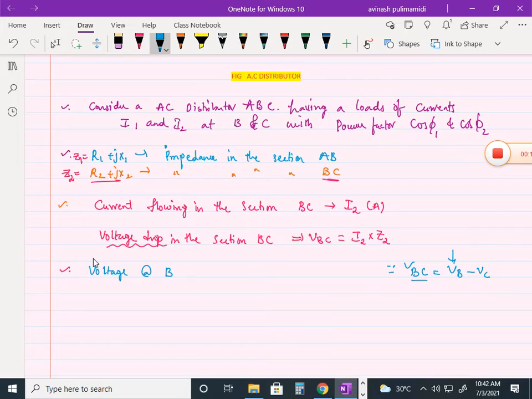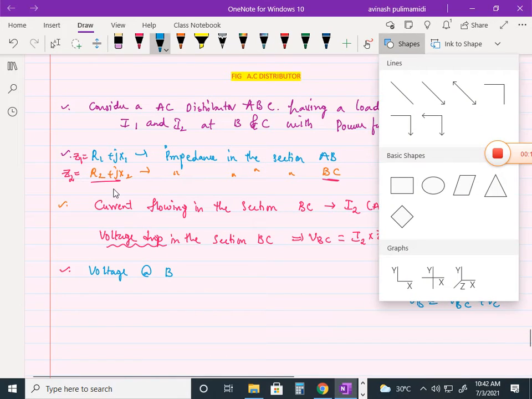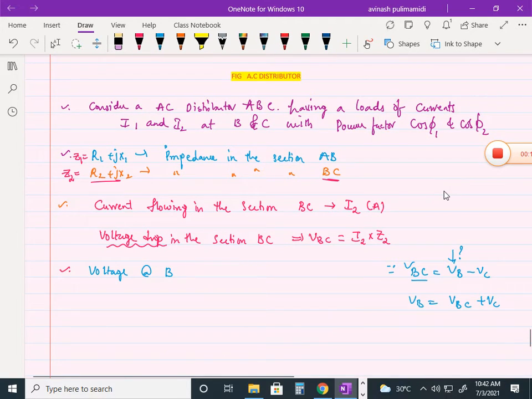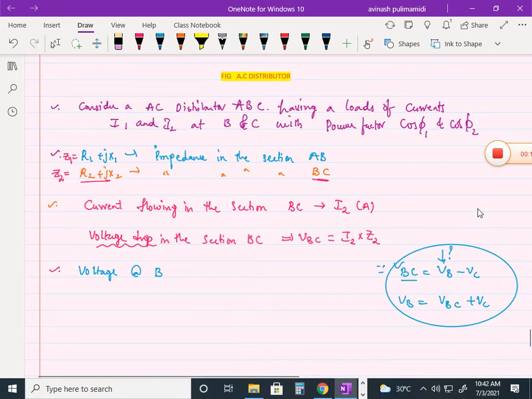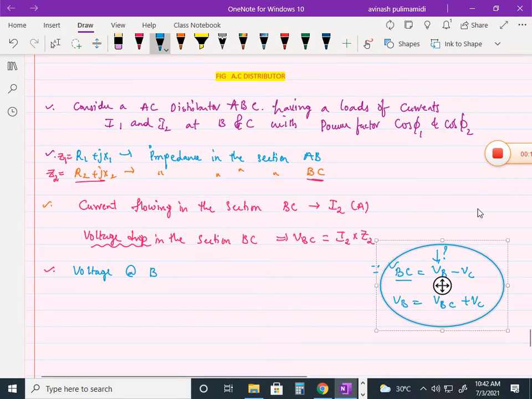What we require to find is VB. Then VB is equal to VBC plus VC. Okay. Hope you understood now.